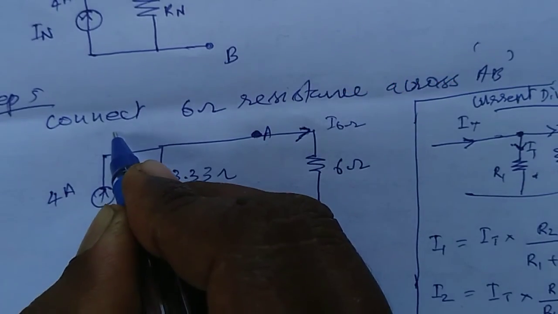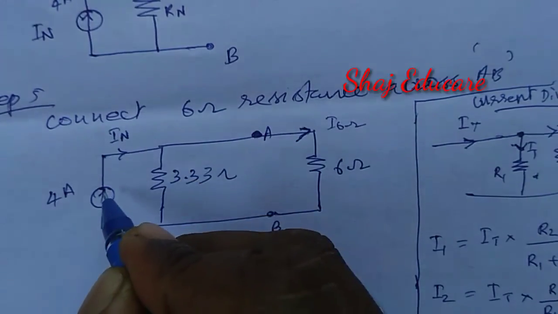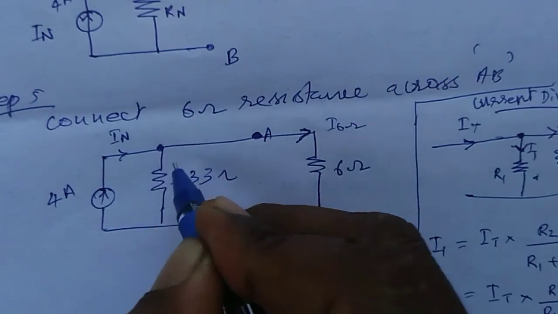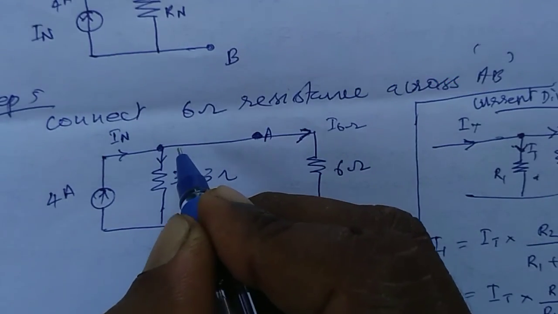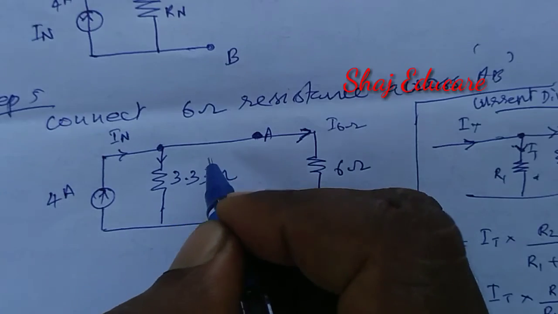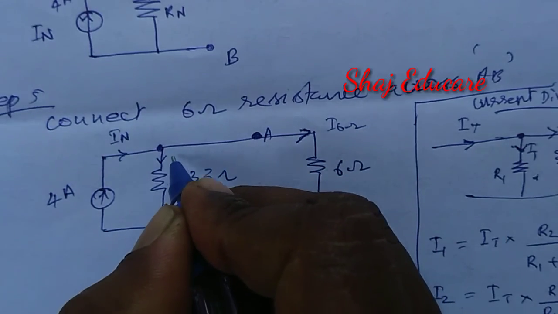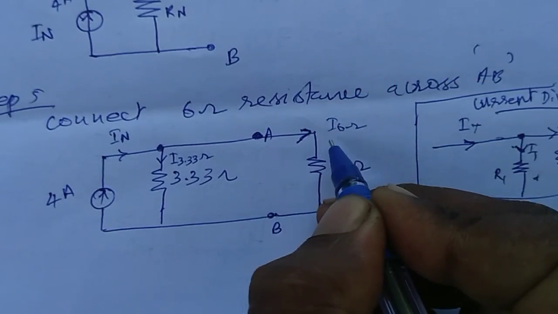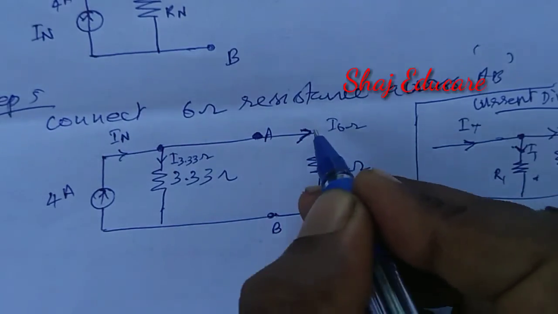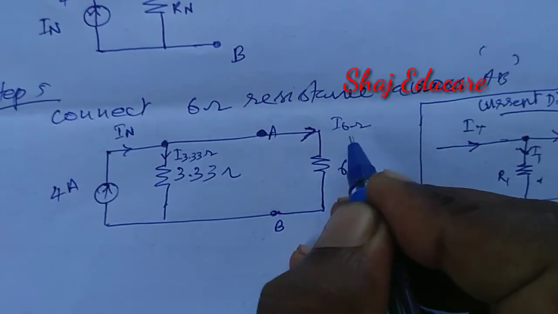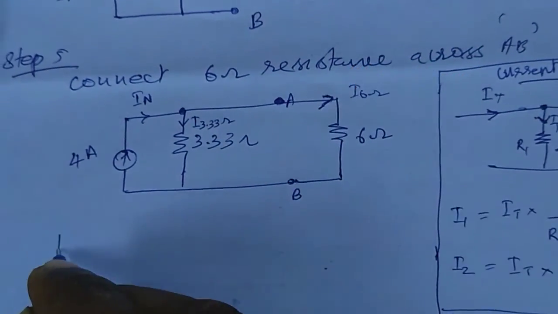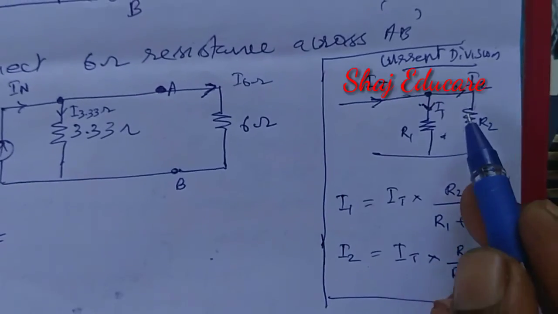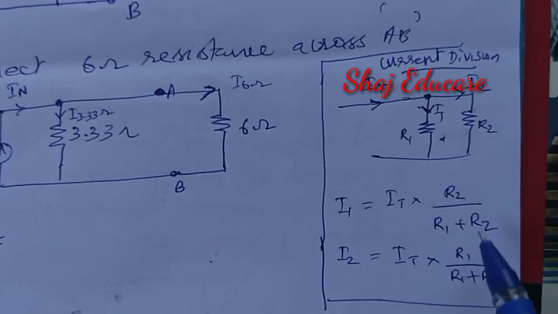Here the 4 ampere current, known as Norton's current, reaches this point and is divided into two currents, I 3.33 ohm and I 6 ohm. We have to find the current flowing through the 6 ohm resistance. So I 6 ohm by current division rule is equivalent to I2 in this figure.